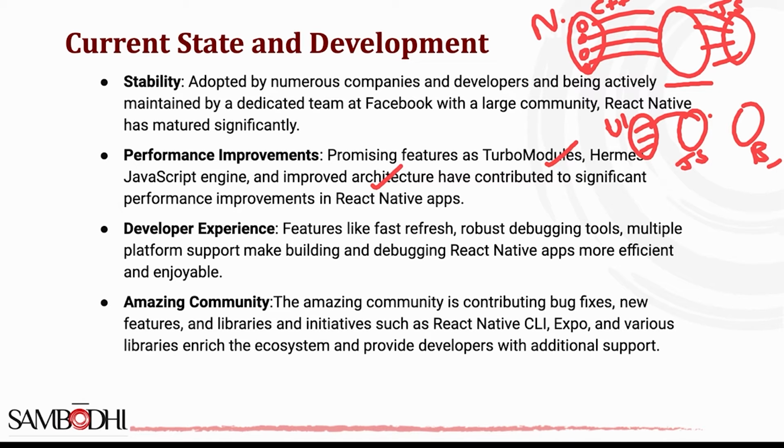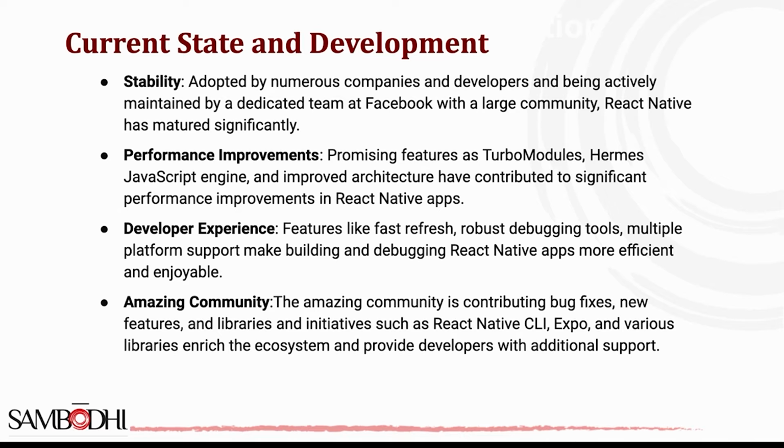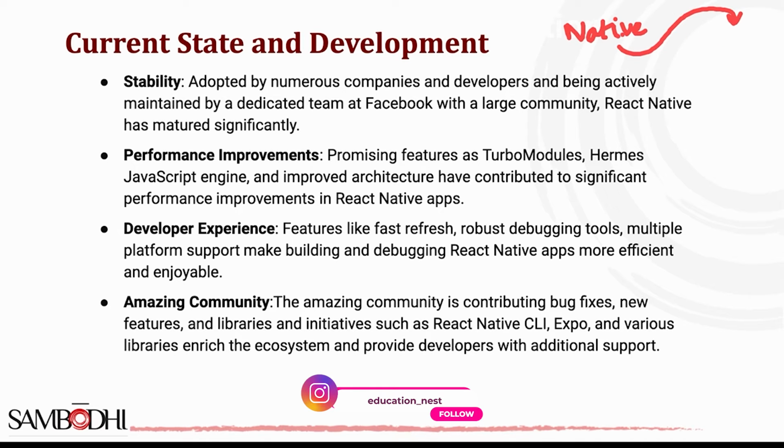Then also the native module performance. The native modules are written in Objective-C. We talked about that if we want to write some native code, React Native gives us the option of writing the native code, converting it to a native module, and then this platform-specific code can be exposed to JS, and we can run it on the React Native side.